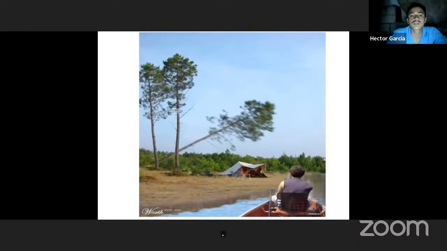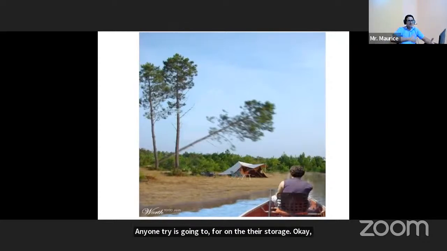The tray is going to fall on their store. Okay, it works for me, no problem. It works for me because today we are working on the structure, and for me it's correct. The tree is going to fall, or you may say the tree is going to hit. No problem for me, that's okay. Let's continue, please. Let me see another picture.